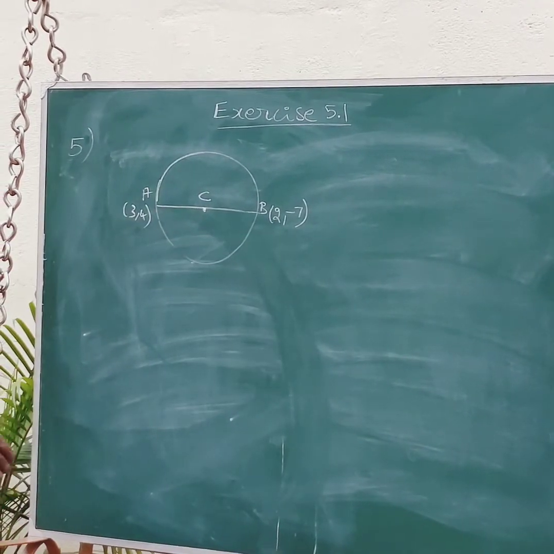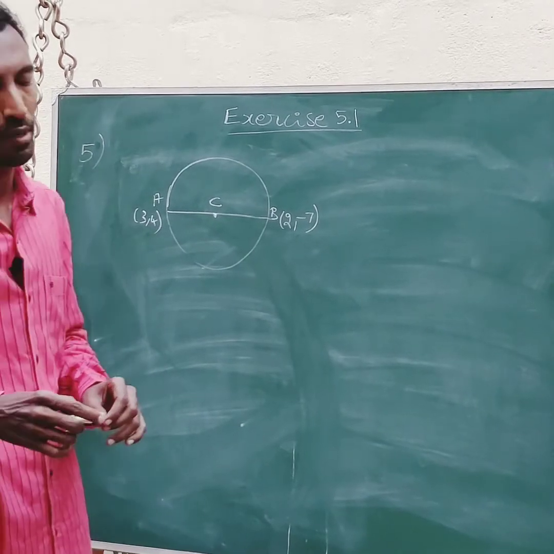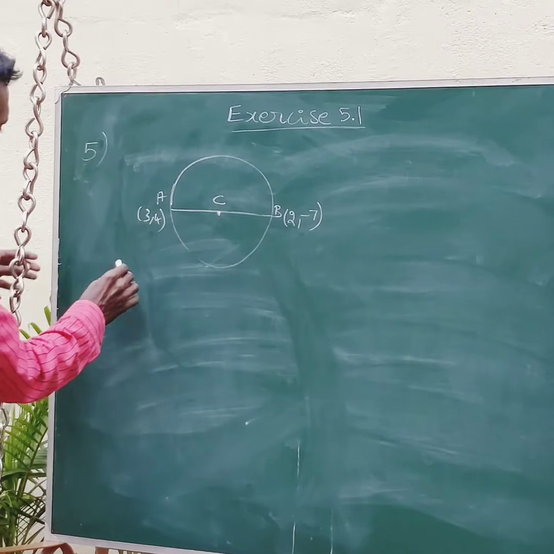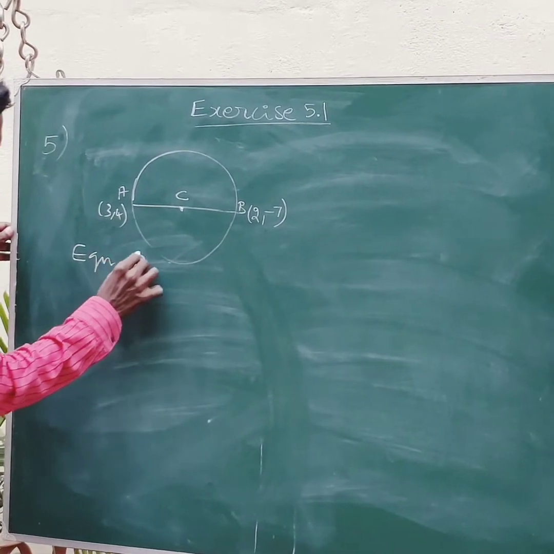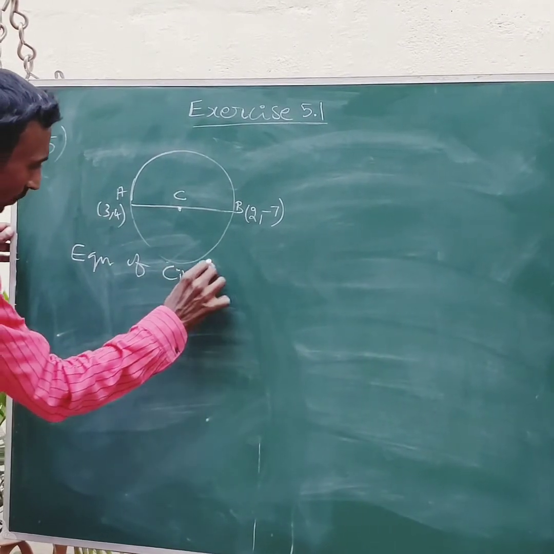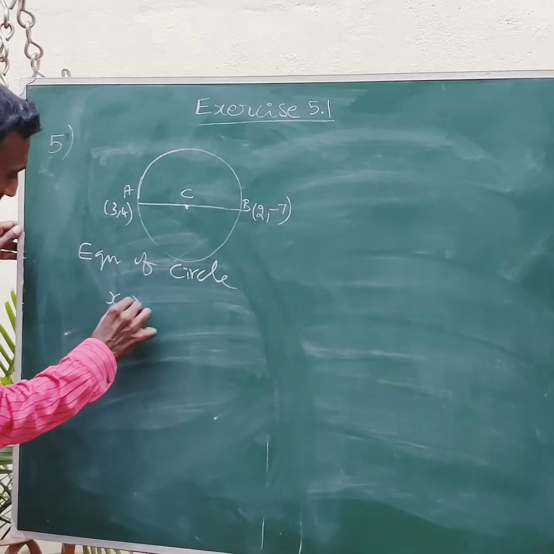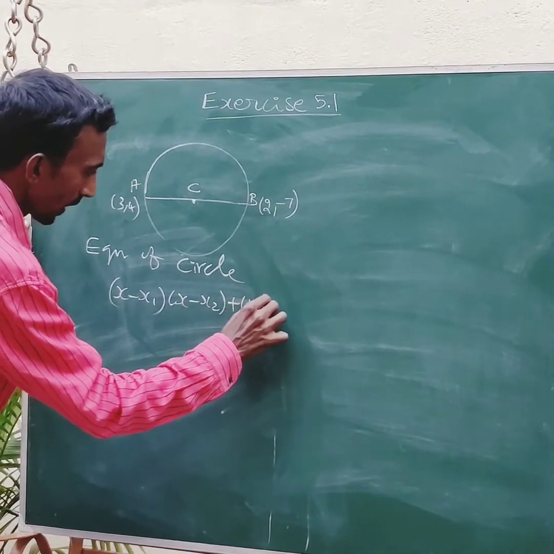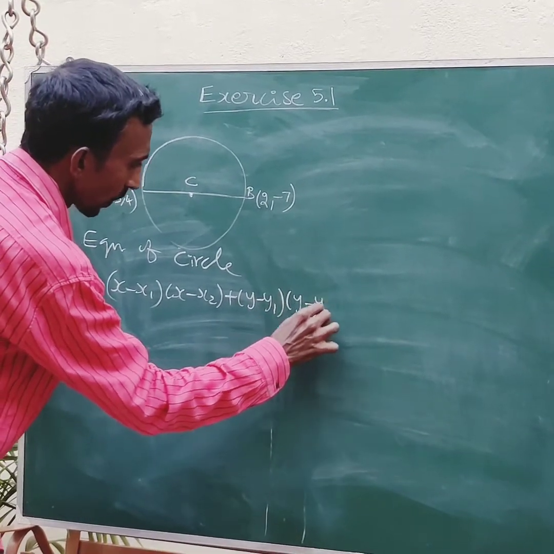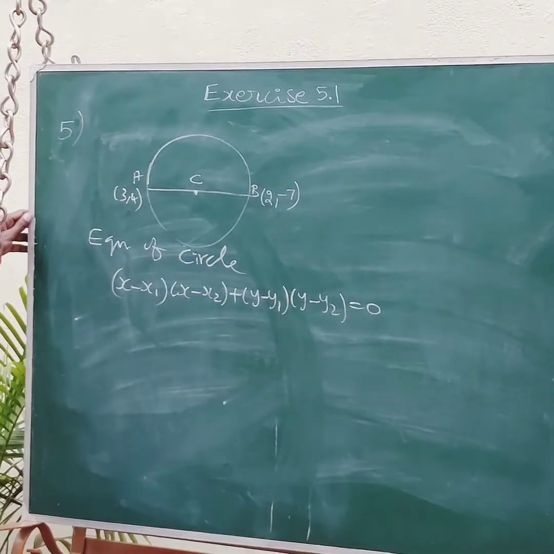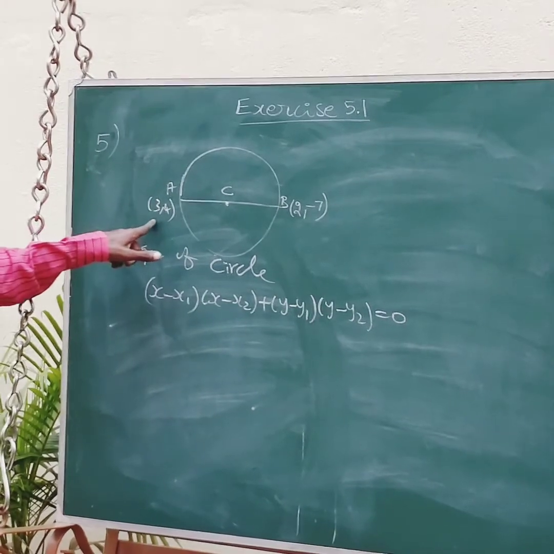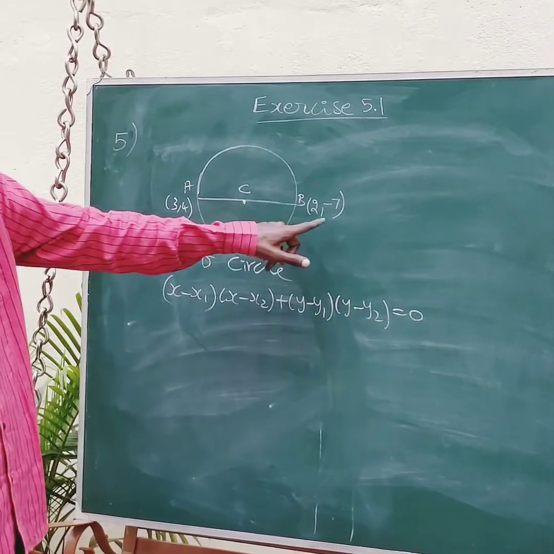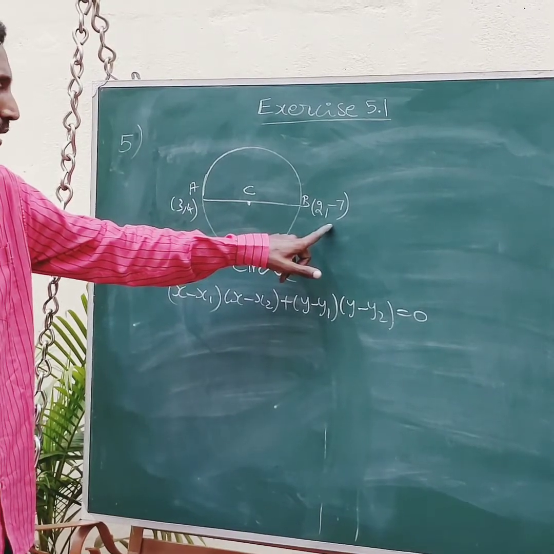So already, if (x1, y1) and (x2, y2) are the extremities of a diameter, then the equation of the circle is (x minus x1)(x minus x2) plus (y minus y1)(y minus y2) equals 0. So assume the first end point (3, 4) as (x1, y1) and (2, minus 7) as (x2, y2).